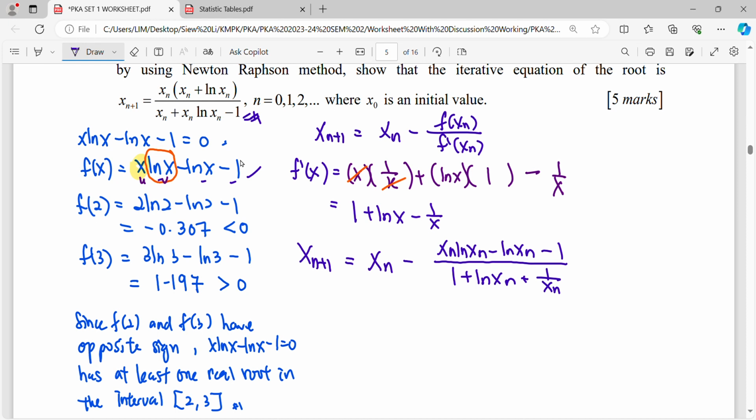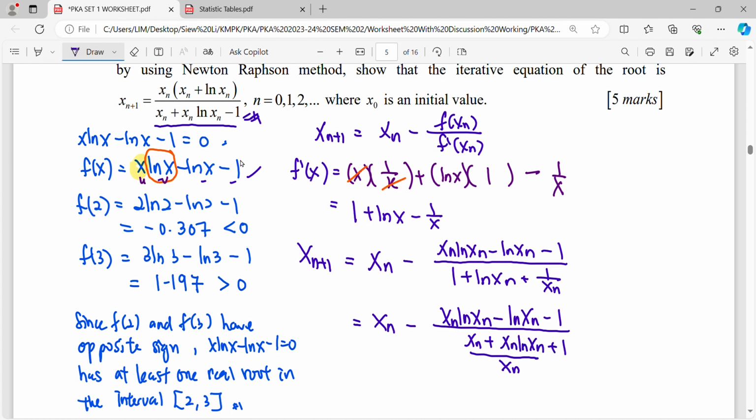We try to get the same denominator until we can get this term. Alright, get the same denominator first. This one, we have a fraction over a fraction. For this fraction over a fraction, you want to avoid it, so get the same denominator x. So for 1, we multiply with x. Then for the second term, we multiply with x plus 1.